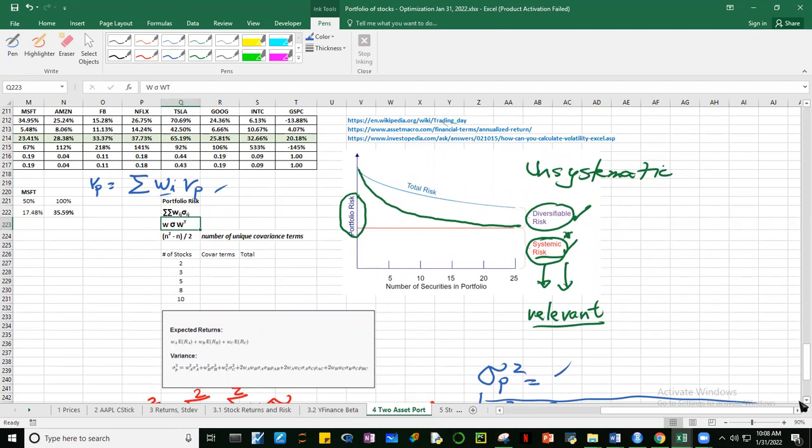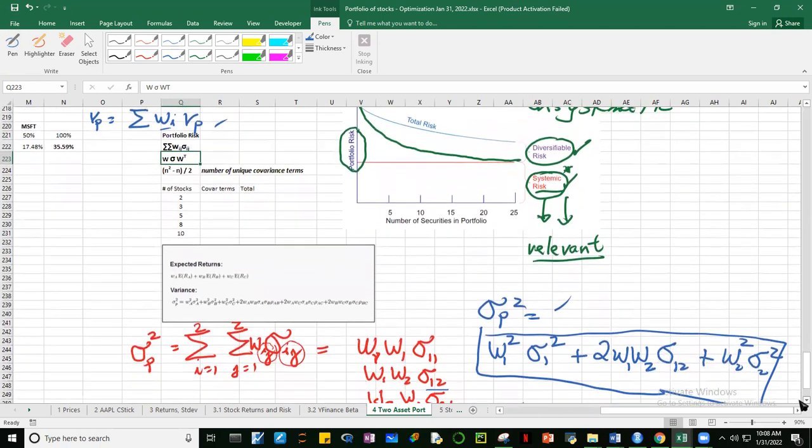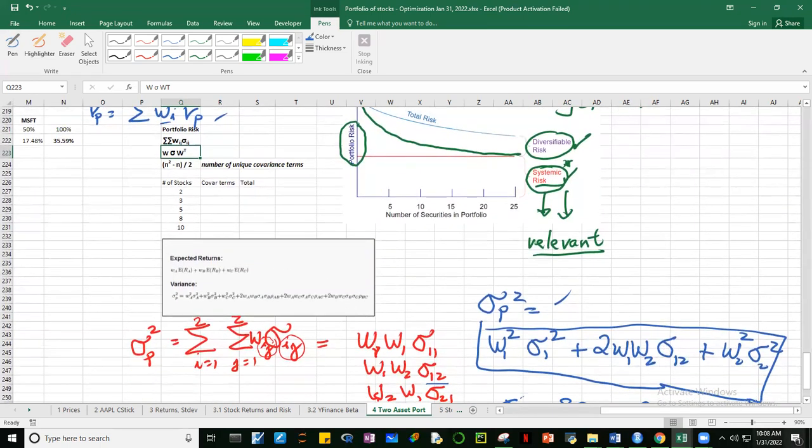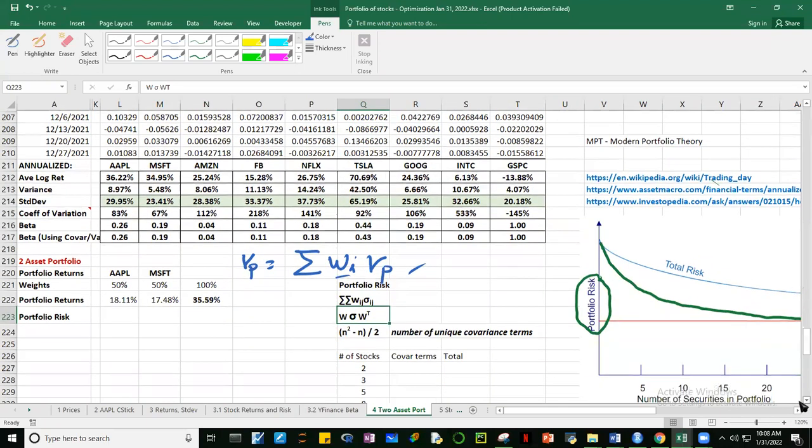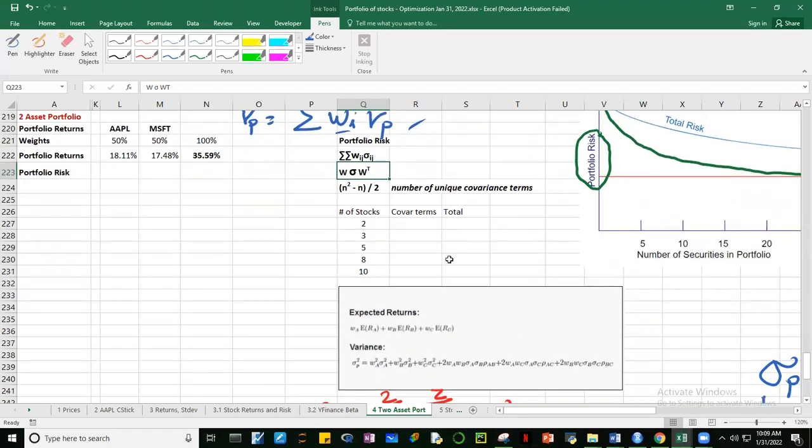Okay? Now, in order for us to compute, ilang terms ba? Ilang terms yung number of terms to compute for the portfolio risk? So the formula there is n squared minus n over 2. No? So first, computin natin ilan yung terms dito ng covariance. Pag two stocks, guys, ilan yung variance?